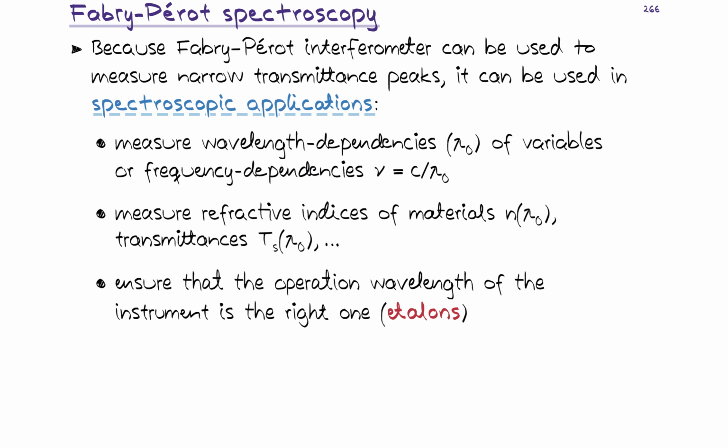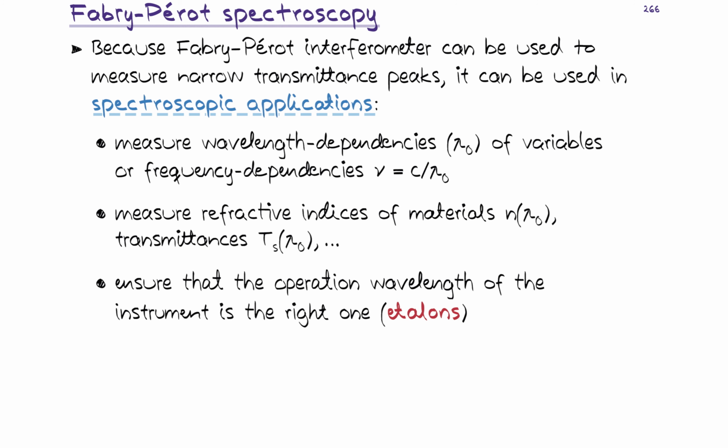Like, for example, the piezo motors adjusting the laser cavity. There might be small drift in the driving currents, and all kinds of fluctuations are actually present. And at the end of the day, what that means is that our laser sources are never exactly keeping their operation at a single operation wavelength. And that can be really helped by using these devices.